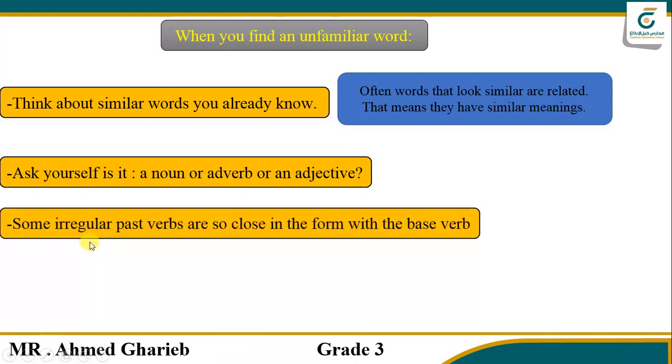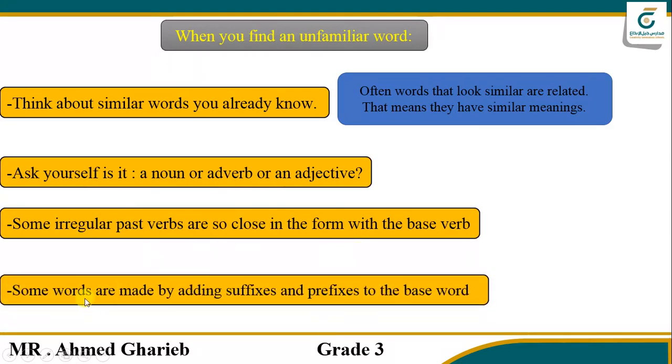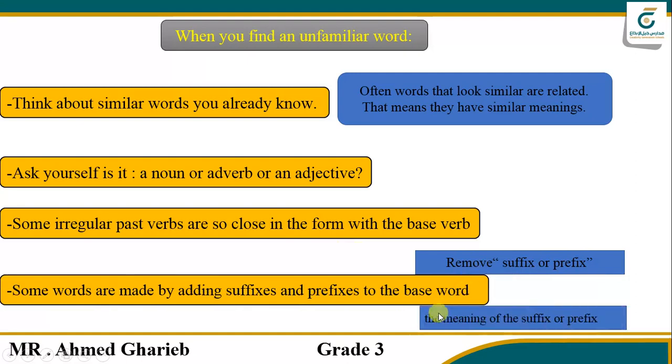If it's a verb, some irregular past verbs are so close in the form with the base verb. The last one, some words are made up by adding suffixes and prefixes to the base word. So if you want to get the meaning, remove the suffix first to find out the meaning of the base word, then try to find out the meaning of the suffix itself or the prefix. Try to guess the meaning.